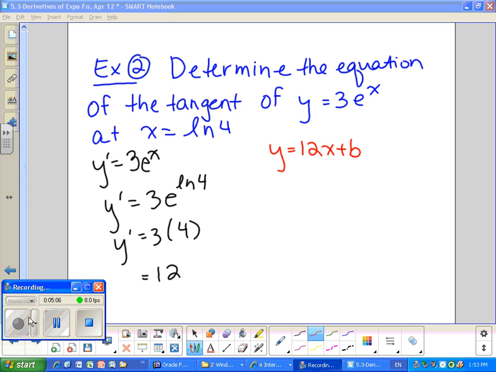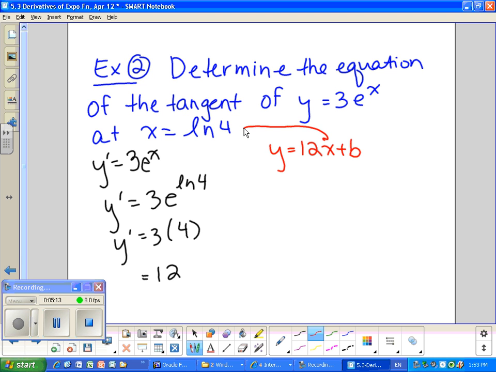So everybody notices now that we have our slope and we have our x value, but we don't have the y value. So to find the y value, we're going to sub this into your original. But what do you notice about your original compared to your derivative? It's the same. So your y value for ln 4 in the original will be the same.